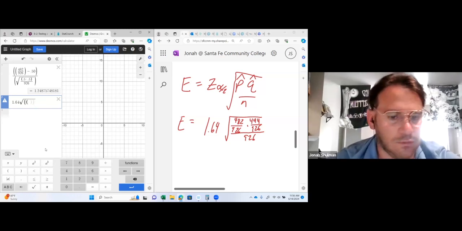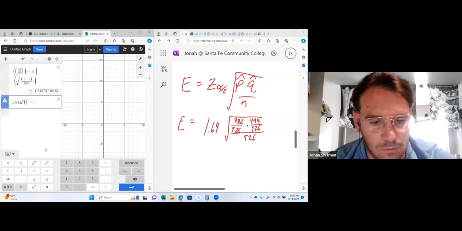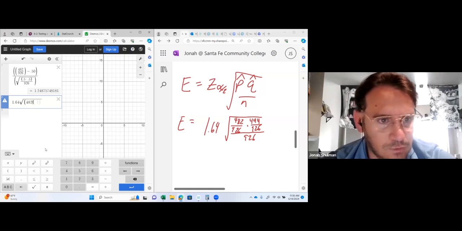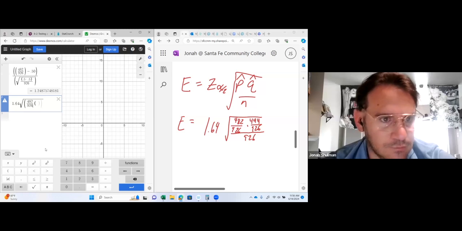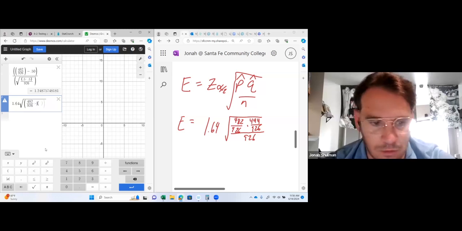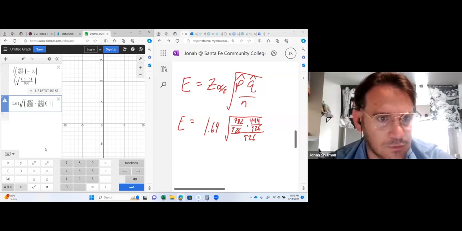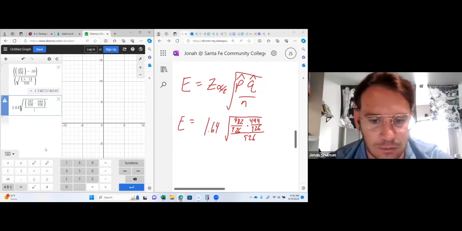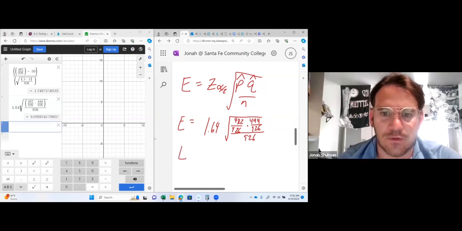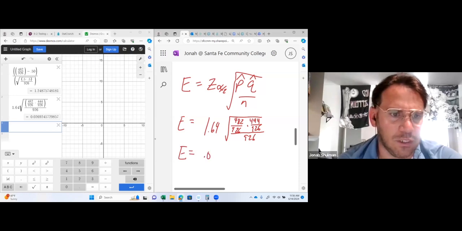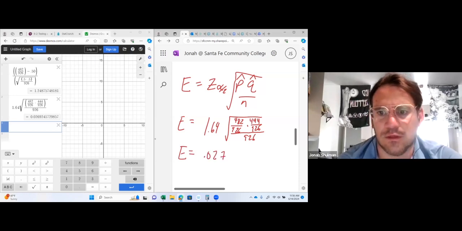So it's going to be 482 divided by 926 times 444 divided by 926. And then this whole thing, we're going to divide by 926. And this means my error for this one, I believe, is going to be 0.027.